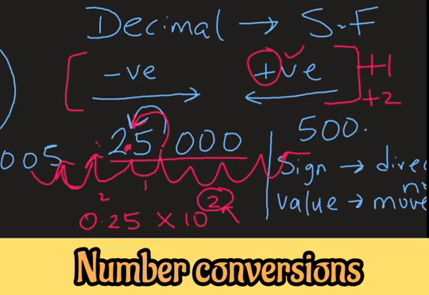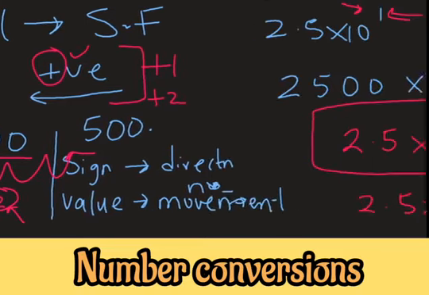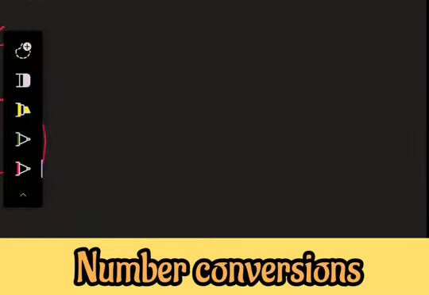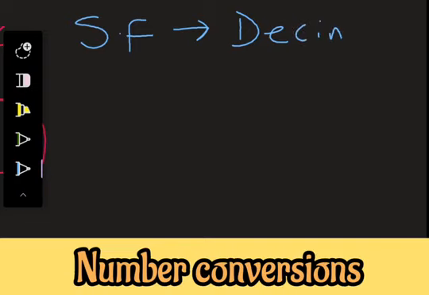Now what if you are going from standard form to decimal? So here we are going to have the same illustration, but this time around it is the reverse or the opposite.